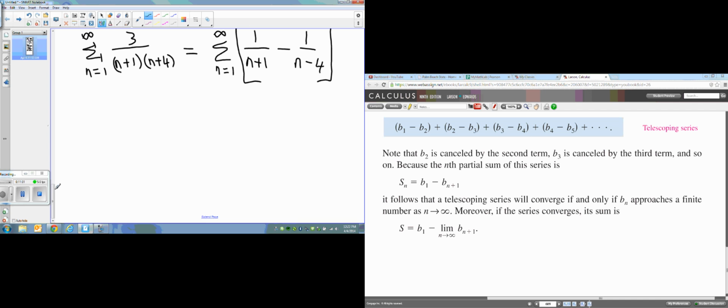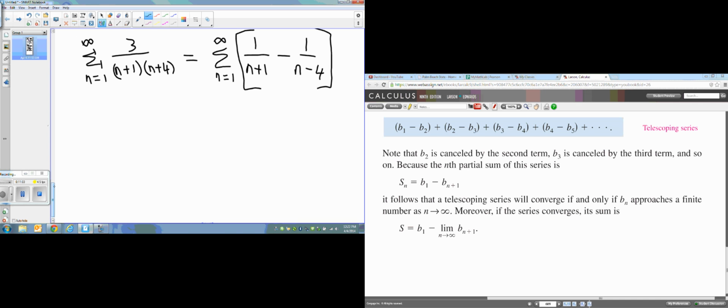Let's take a look at what the terms look like. The first term, when n is equal to 1, is 1 over 2 minus 1 over 5.